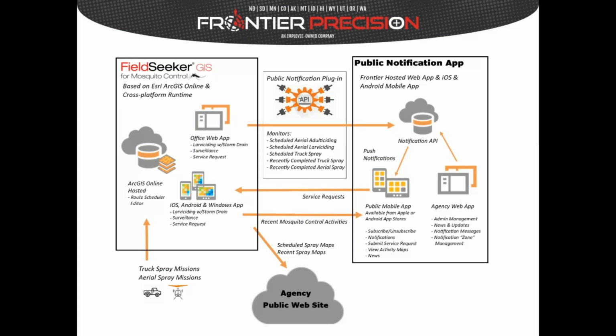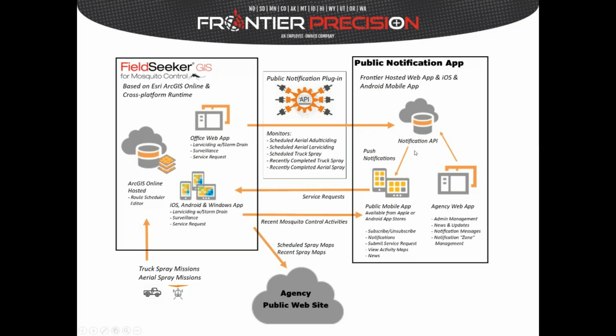And then for the public notification, the public notification app ties into that operational data system. It monitors, there's a piece that monitors these events, the scheduled and recently completed events. And then based on those events, it sends notification requests through an API to our notification system.